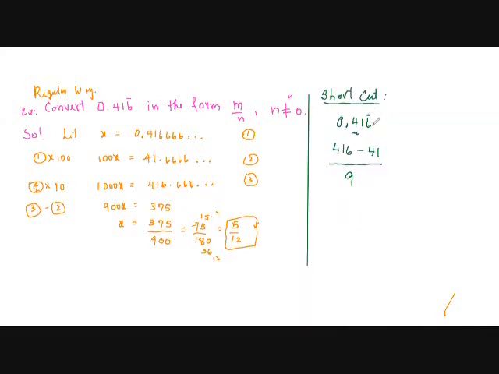The repeating digit here is 6, right? So you represent it as the number 9. And we have how many digits after the decimal but in front of the repeating part? We have 2 digits here, 4, 1, right? So you represent it as 0, 0. Okay, then you subtract it. 6 minus 5, we have 6 minus 1, we have 5.